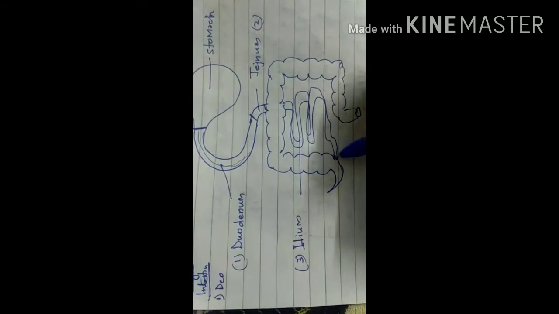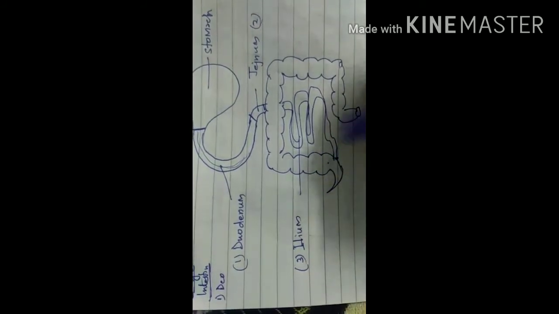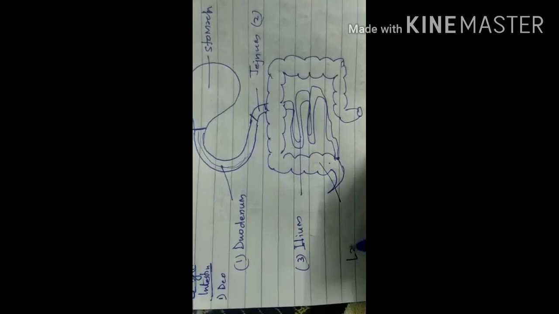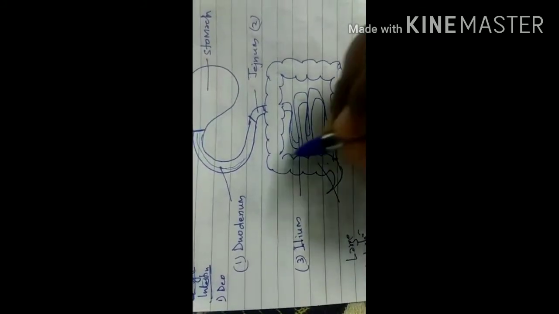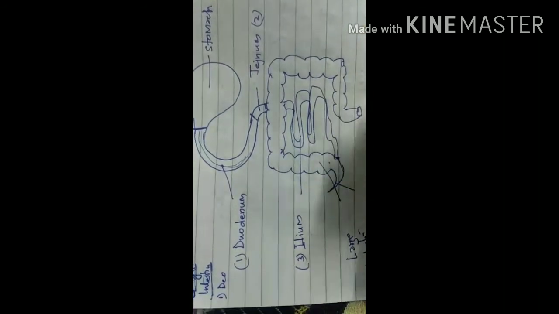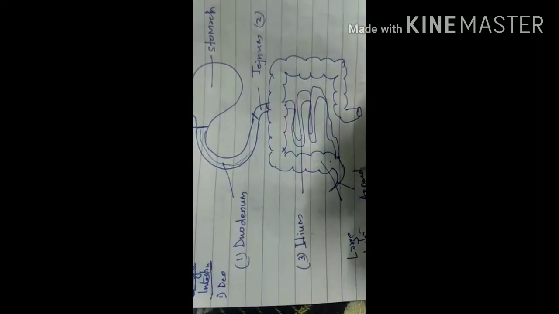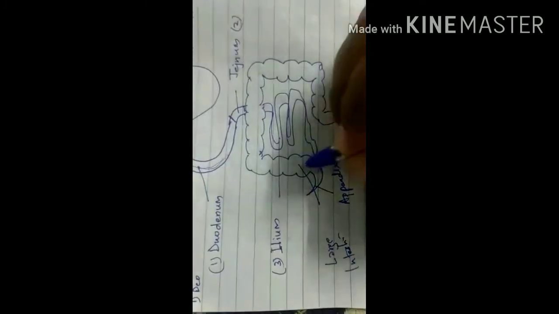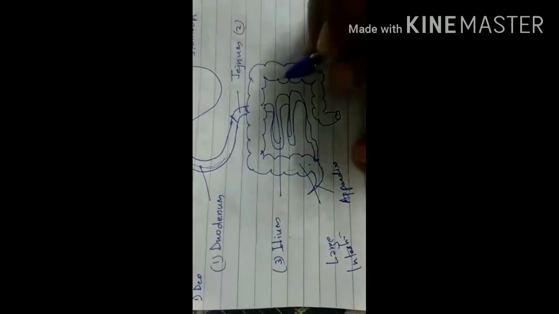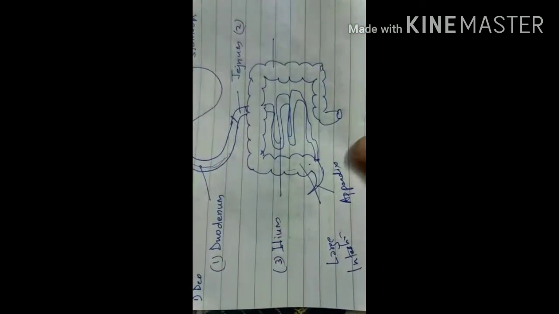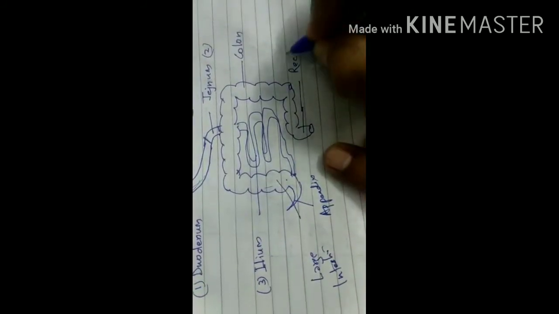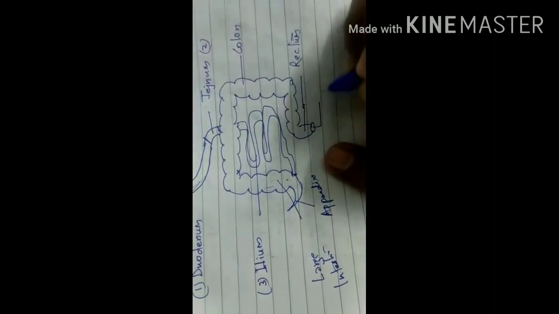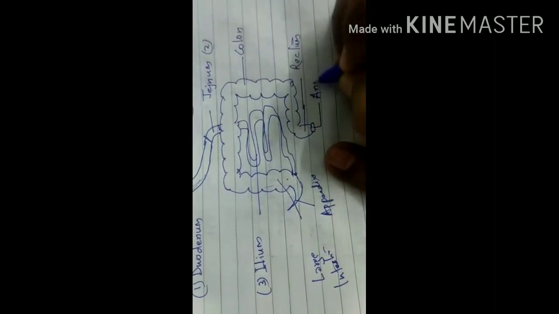This small intestine connects with the large intestine. This is known as large intestine. Large intestine is composed of, this is appendix, this is colon, this is rectum, and the opening is known as anus.